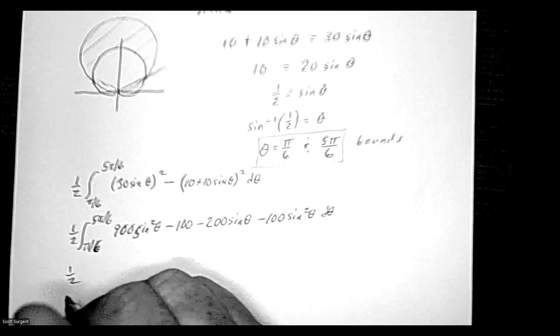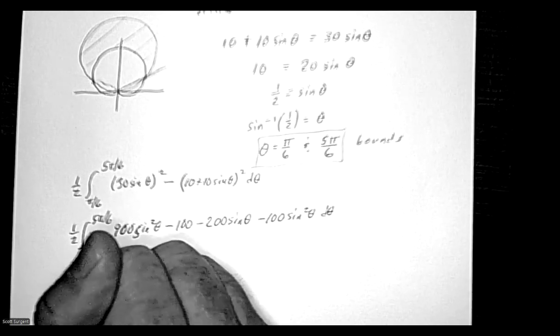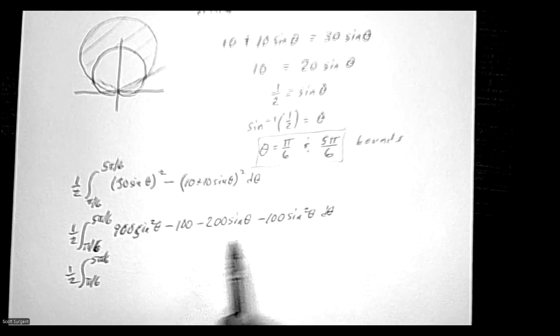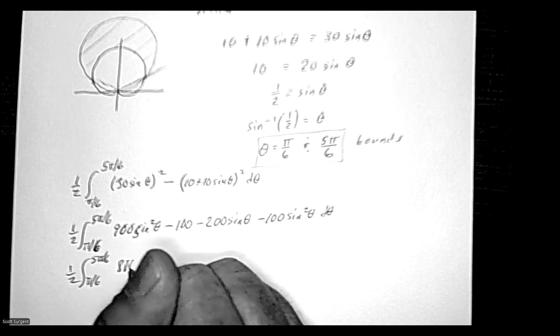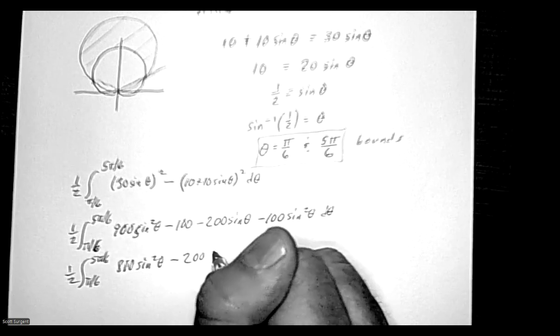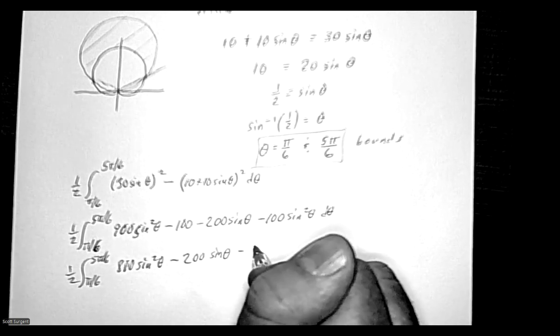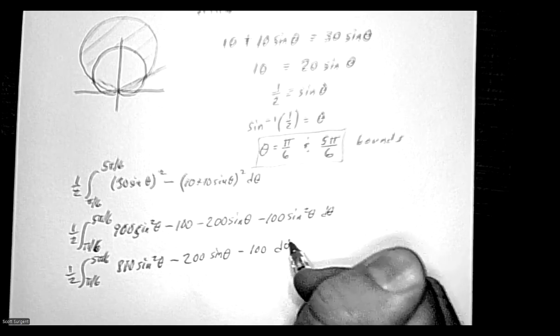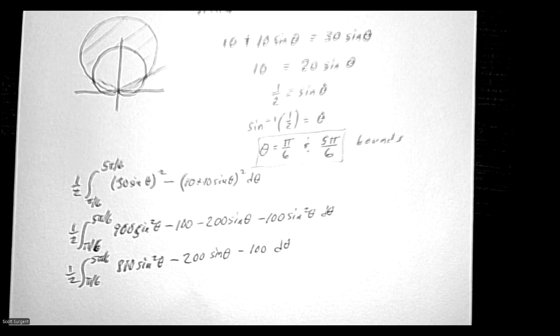Then I can combine the sine squares. I get 800 sine squared theta minus 200 sine theta minus 100. That's not too bad. Actually, this one's working out pretty nice.